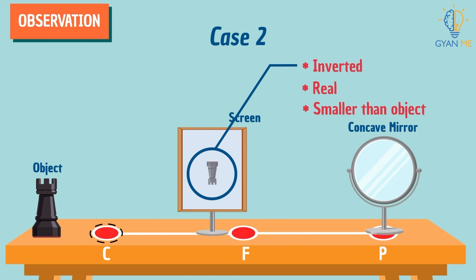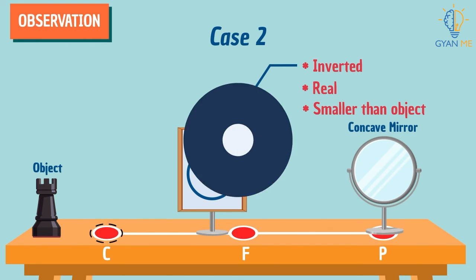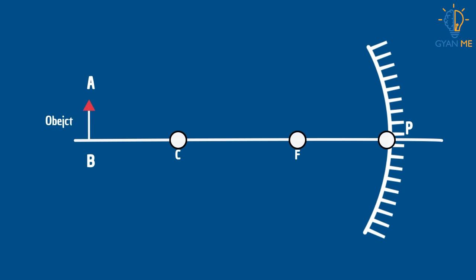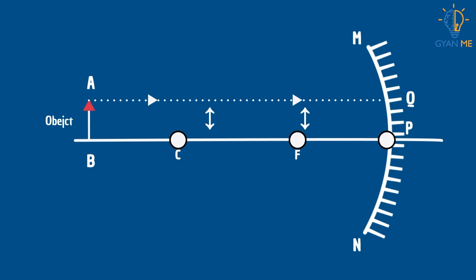Let us represent this through a ray diagram. An object AB is placed beyond the center of curvature of the concave mirror MN. Draw the incident ray AQ starting from A, parallel to the principal axis. After reflection, it will pass through the principal focus F along QD.